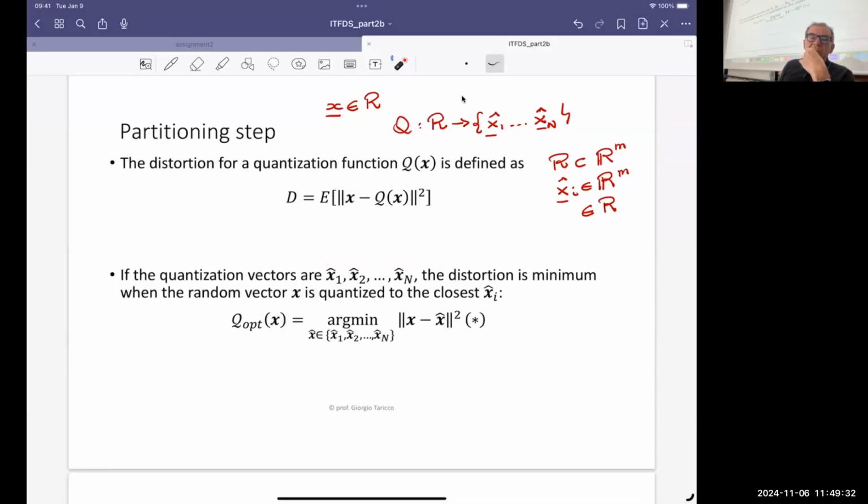And this is formally written by saying that Q opt of x, the optimum quantization function applied on the vector x, is the argument of the minimum of the squared distance of x to x hat, the difference x minus x hat in squared Euclidean norm, where x hat is one of the possible quantization points.